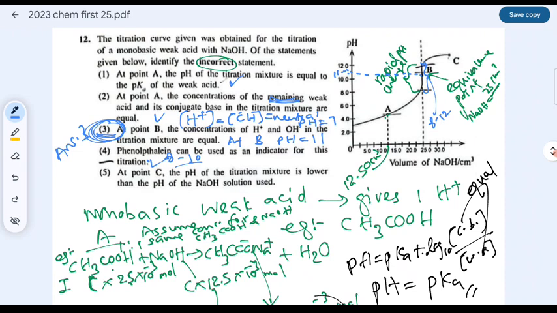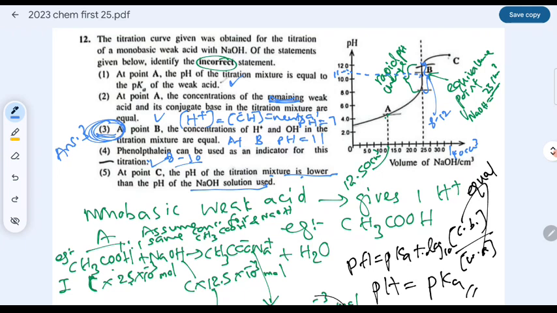From 25 to 40 cubic centimeters, more sodium hydroxide is added. So the statement, that at point C the pH of the titration mixture is lower than the pH of the sodium hydroxide solution used, is what we are checking.